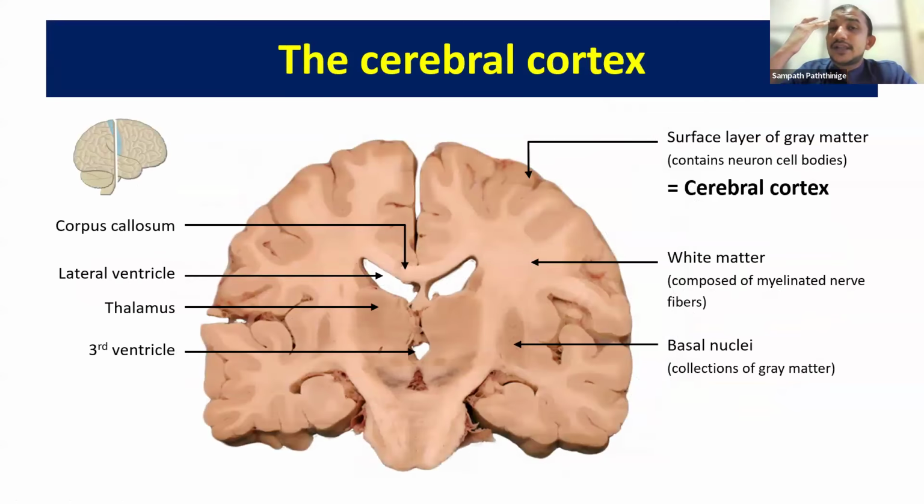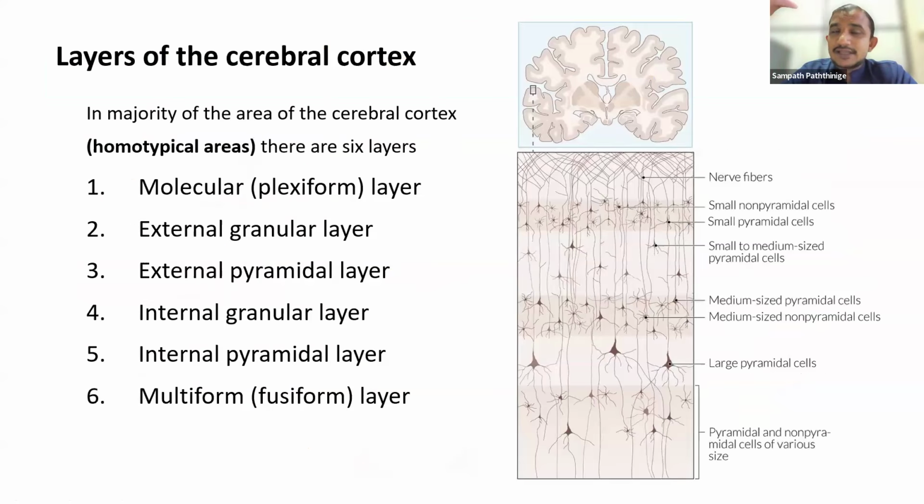Right. Then looking at the cerebral cortex, that is where the nerve cell bodies of the cerebral cortex lie. They are arranged typically into 6 different layers.